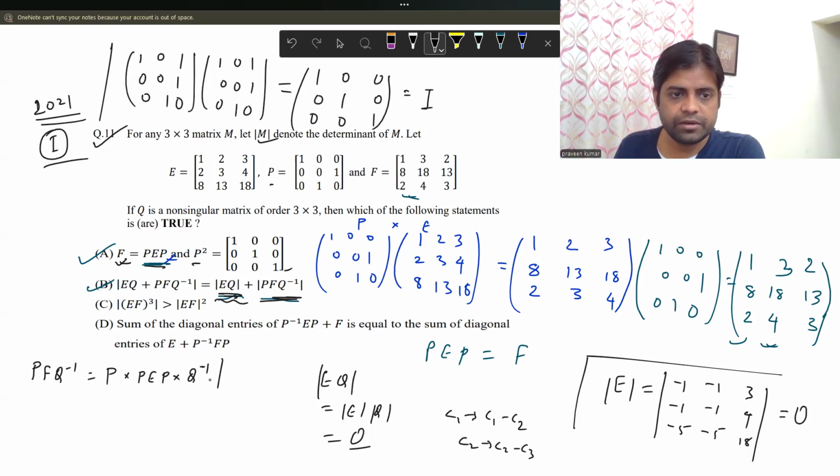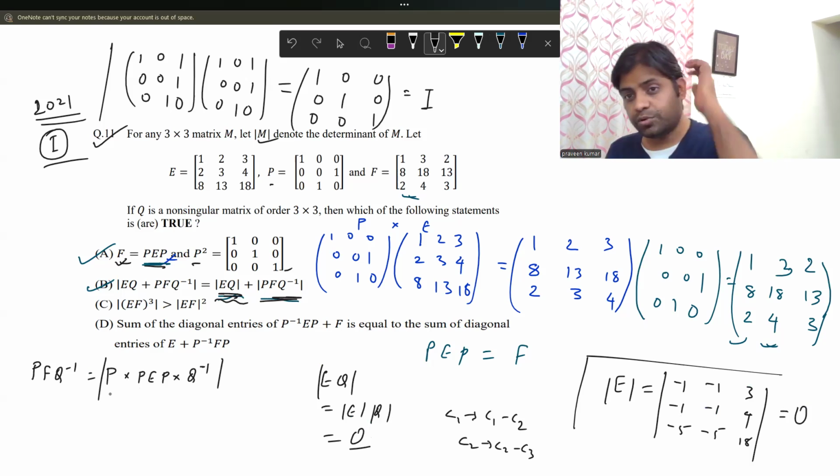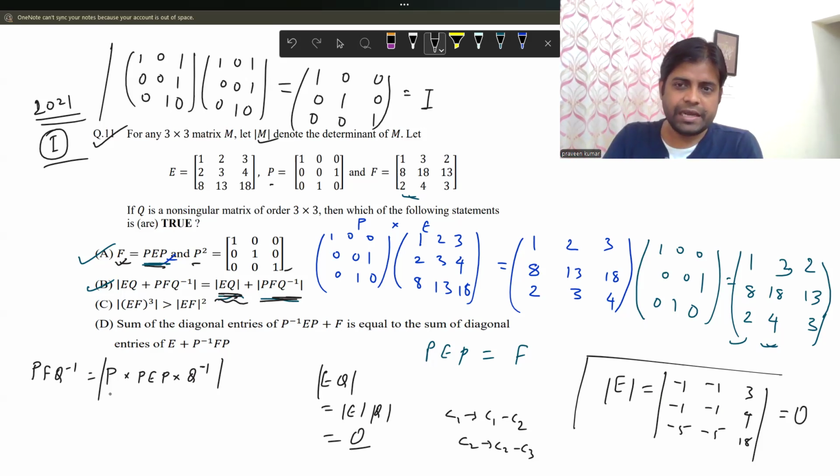We have to find the determinant of this. And you know that if all the matrices are multiplied like this, their determinant is equal to the product of determinants of the individual matrices, right?